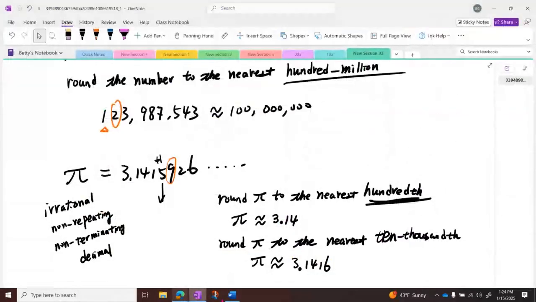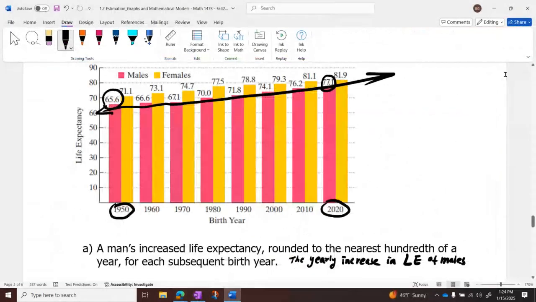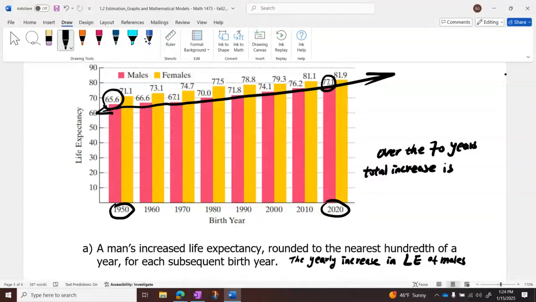So over the 70 years, the total increase in the life expectancy of male is 77.1 minus 65.6, right?